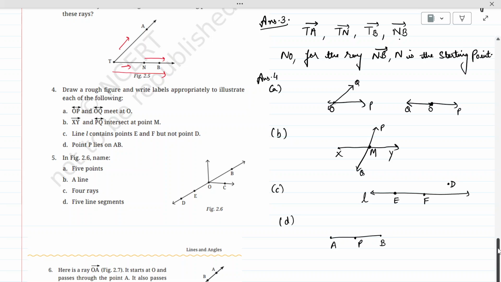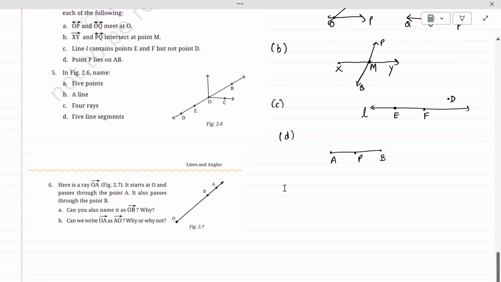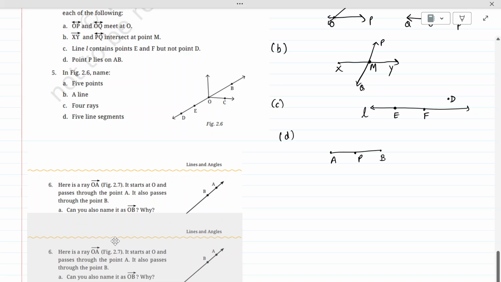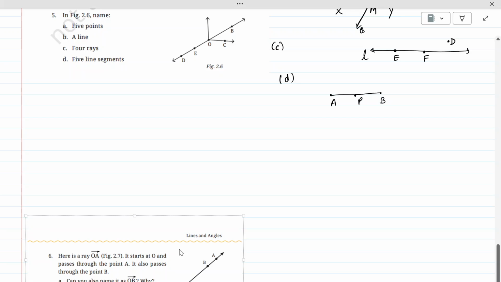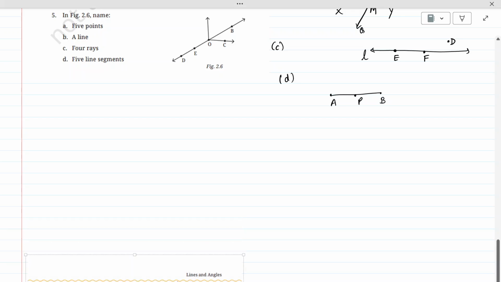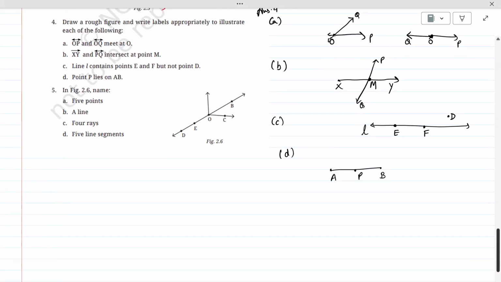Next, we will come to question number 5. In the figure 2.6, we have to name the 5 points, a line, 4 rays and line segments. Okay, just give me a moment. I'll just drag it down and we'll get a space here for this question. So answer number 5.